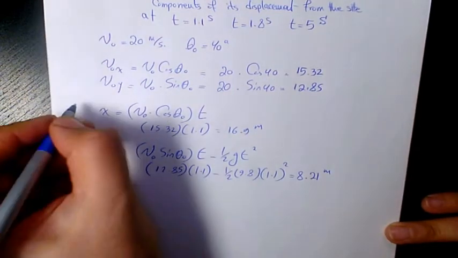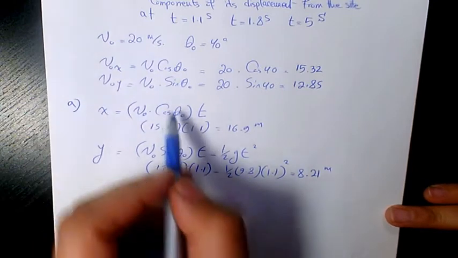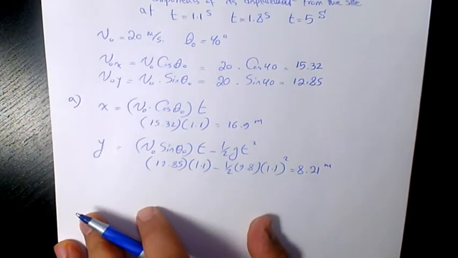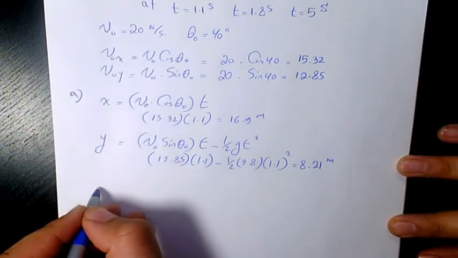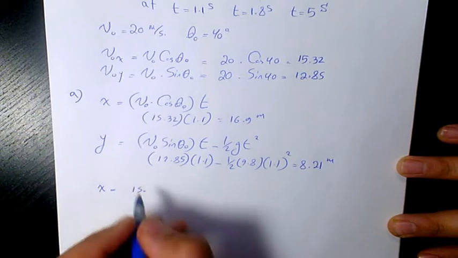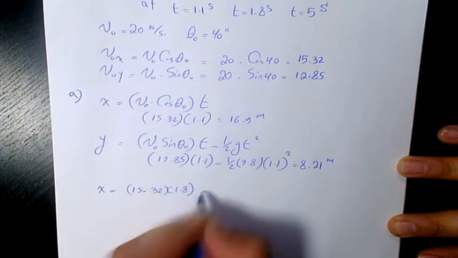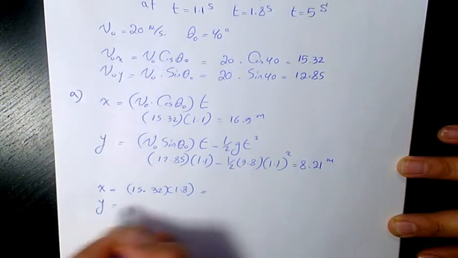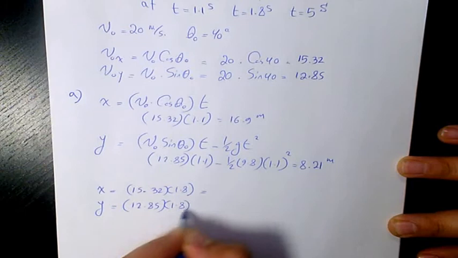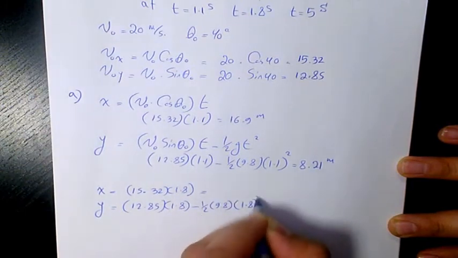We can do the same thing for part B and C. We can just sub other numbers there. So we can say x will be 15.32 times 1.8. And here we will have 12.85 times 1.8 minus 1/2 times 9.8 times 1.8 to the power of 2.